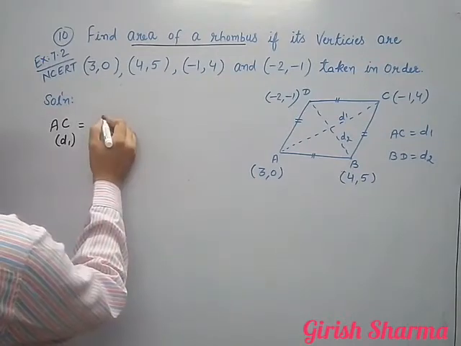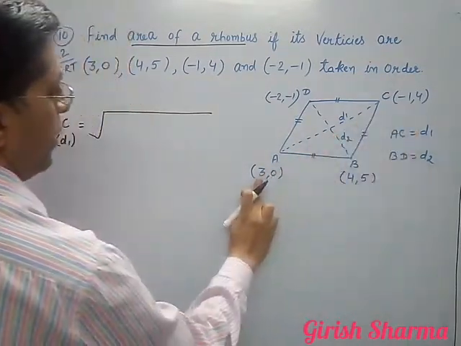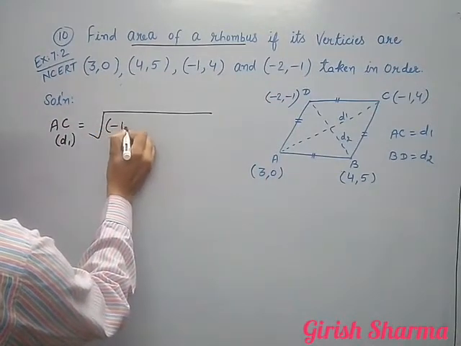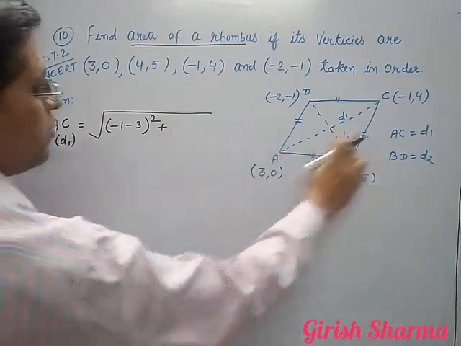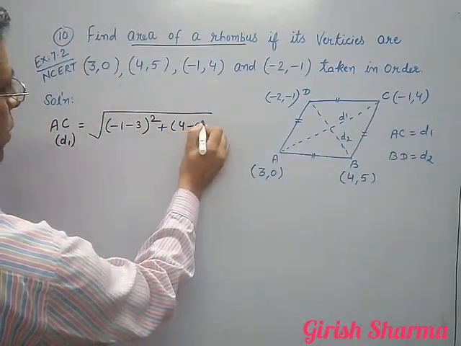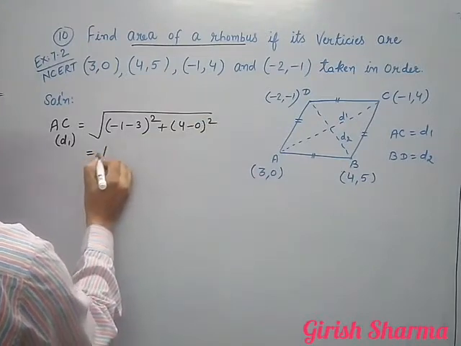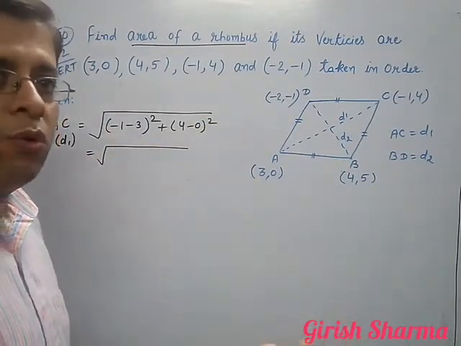Come on here. x2 minus x1, minus 1 minus 3 whole square, plus y2 minus y1, 4 minus 0 whole square. Minus 3 and minus 1 is minus 4.